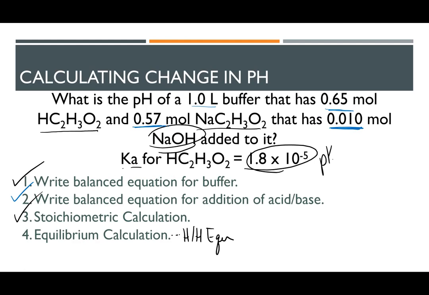So pKa is just the negative log of this. pKa equals negative log of 1.8 times 10 to the negative fifth, 4.74.